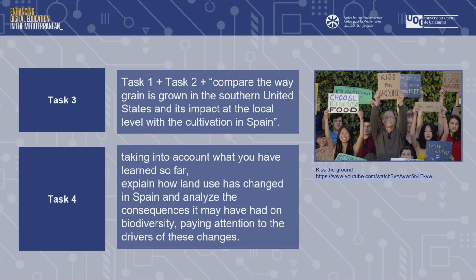Task 3 consists of task 1 plus task 2. And then we ask students, compare the way grain is grown in the southern United States and its impact at the local level with the cultivation in Spain.